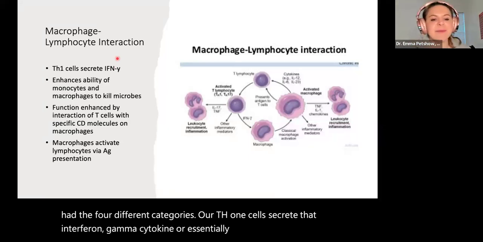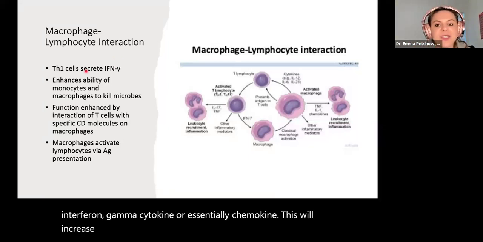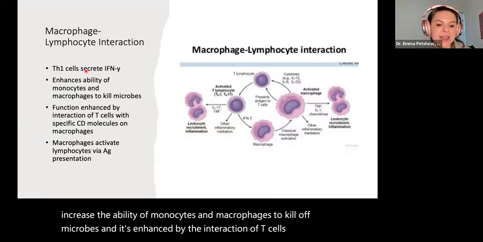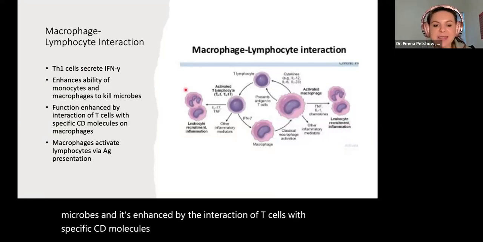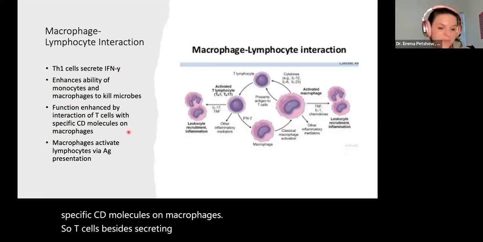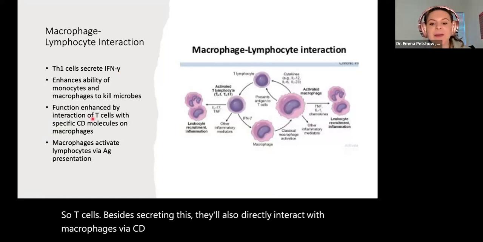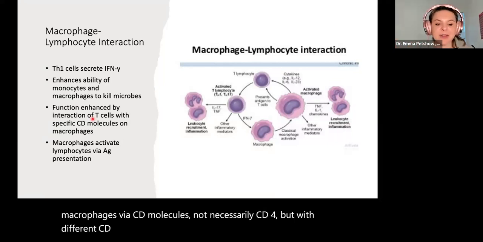This will increase the ability of monocytes and macrophages to kill off microbes, and it's enhanced by the interaction of T cells with specific CD molecules on macrophages. So T cells, besides secreting this, will also directly interact with macrophages via CD molecules, not necessarily CD4, but different CD molecules, to upregulate and stimulate that response.